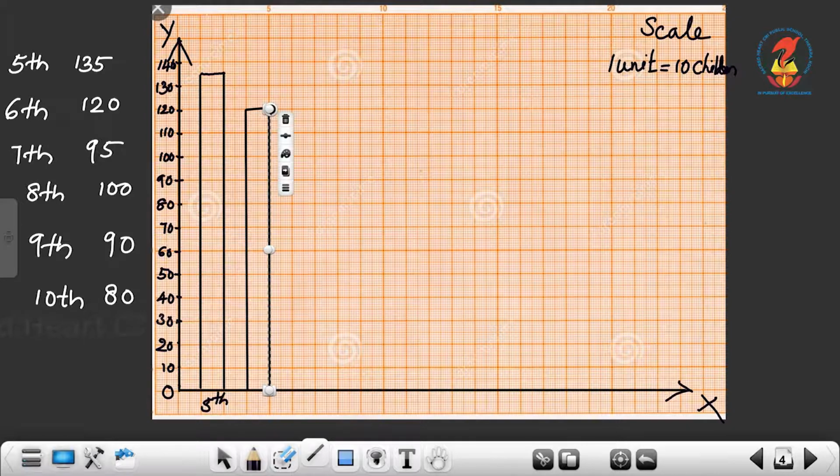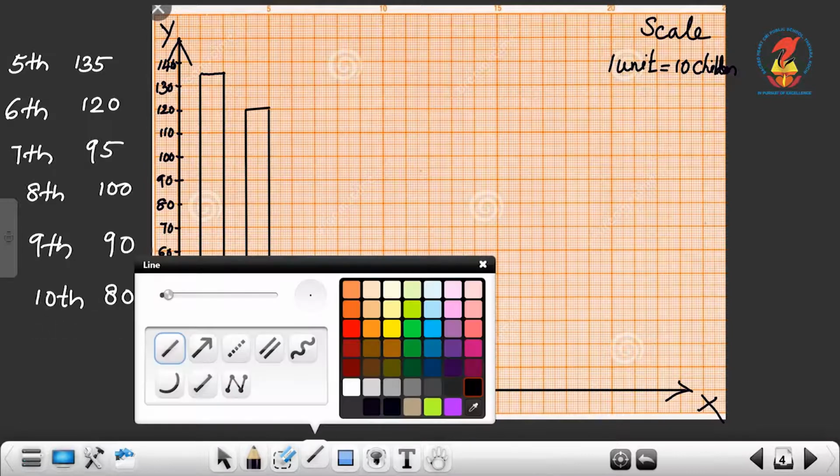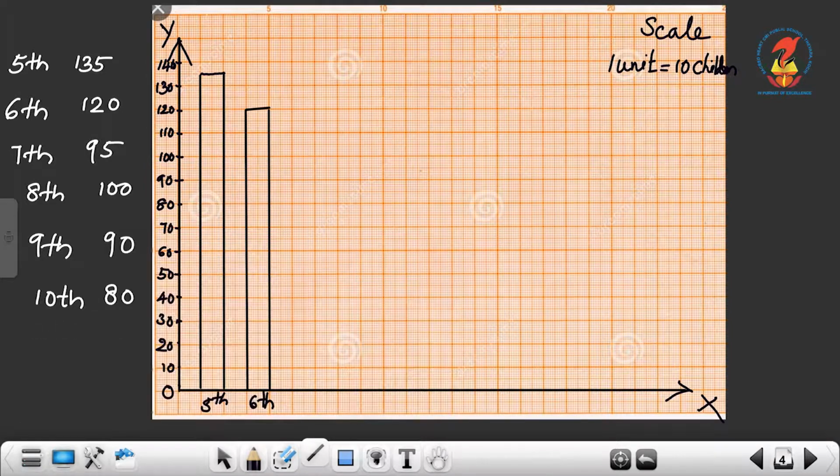Okay. So it will represent the next class, that is the 6th. Again leave 1 centimeter. Then next one is 95.